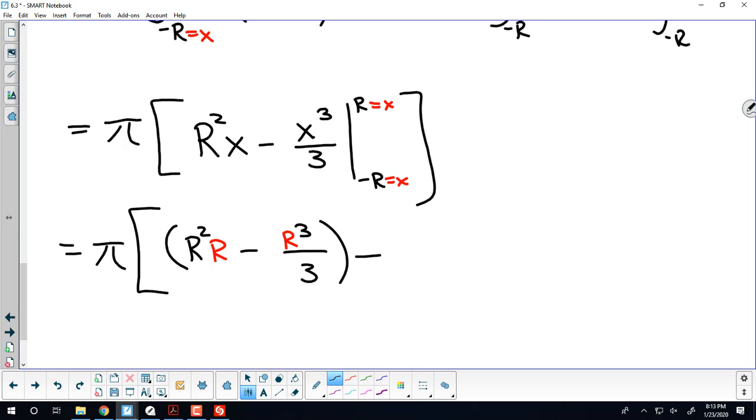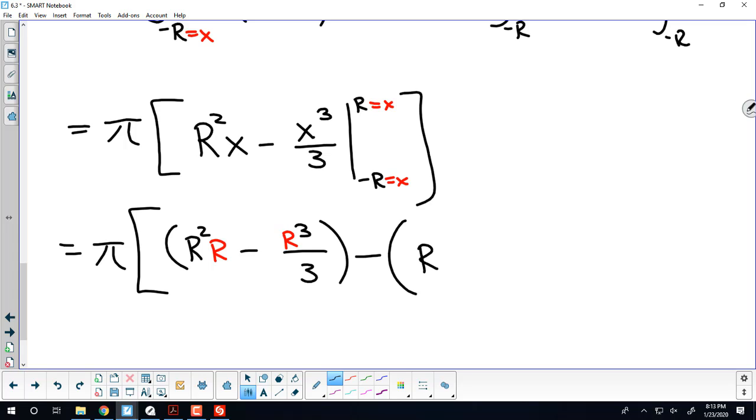Now honestly, we could have made this a little bit easier too by using symmetry, right? Instead of going from negative R to R, we could have just doubled this and gone from 0 to R. But here we are, so we'll just keep going. Negative R now in for x.